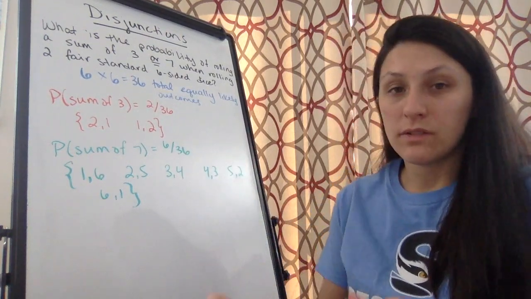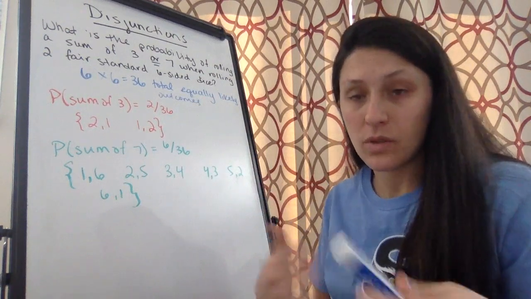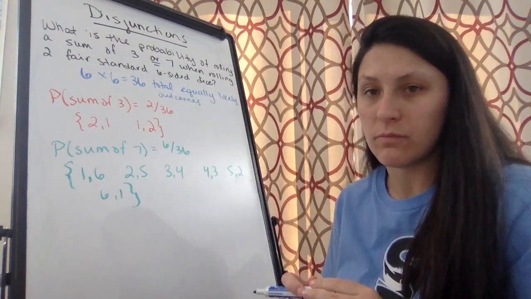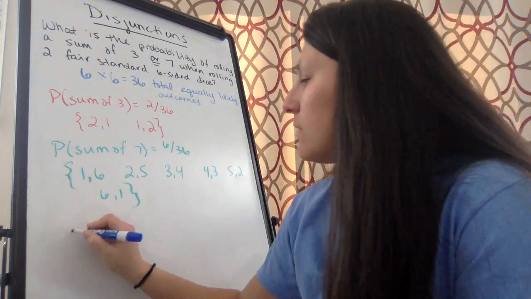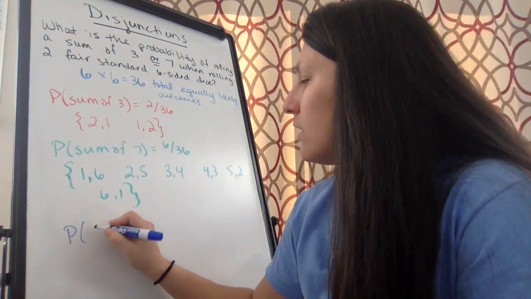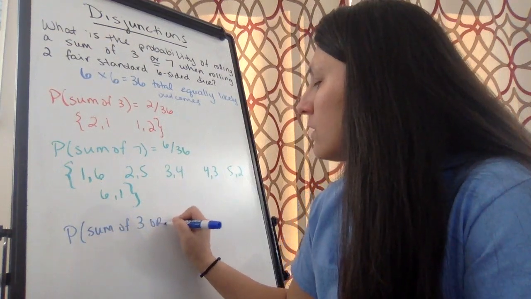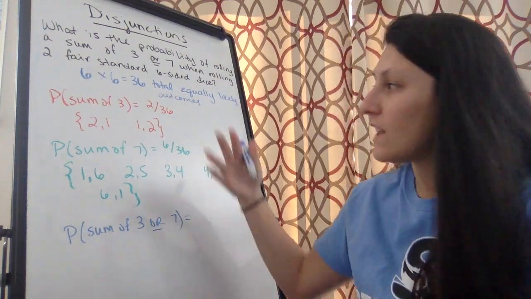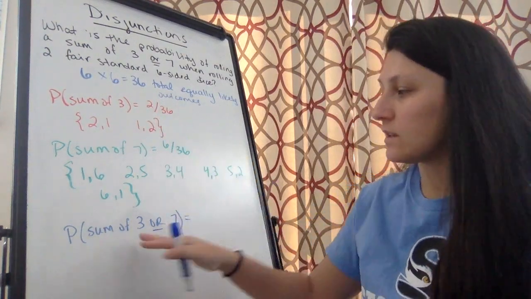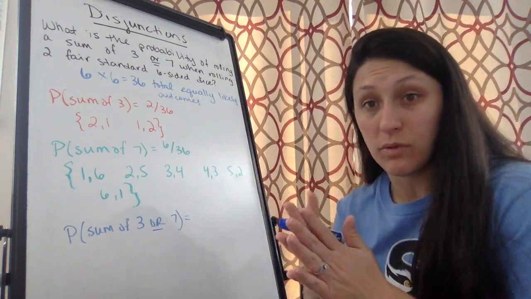So if we want to know the probability that either of those two things happen, or both, but you can't roll both a 3 and a 7, so we're really talking about the probability of a sum of 3 or 7. This is a disjunction. You would add up how many total ways can either one of those things happen, or both.